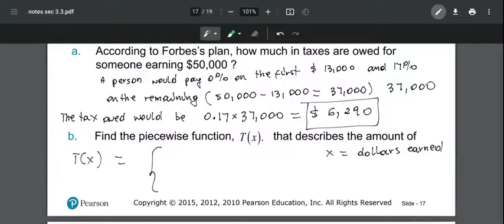Okay, and t of x represents taxes paid for each money earned. So t of x represents the amount of taxes paid.